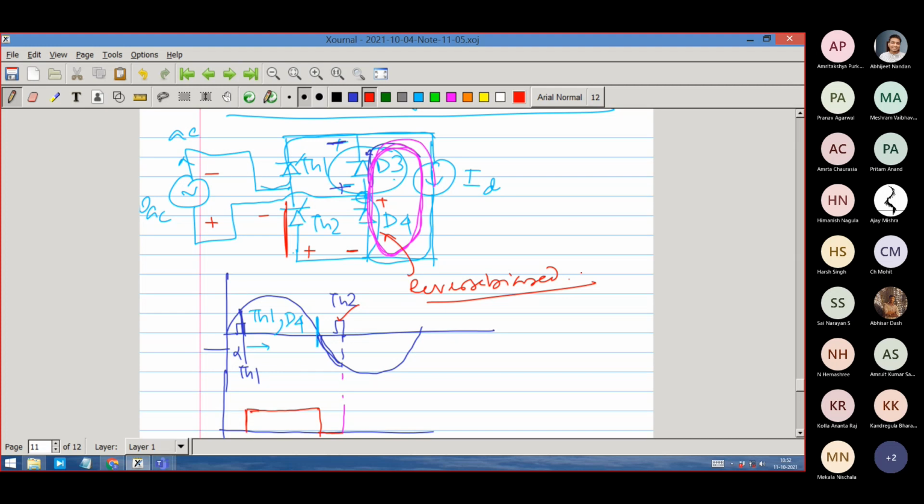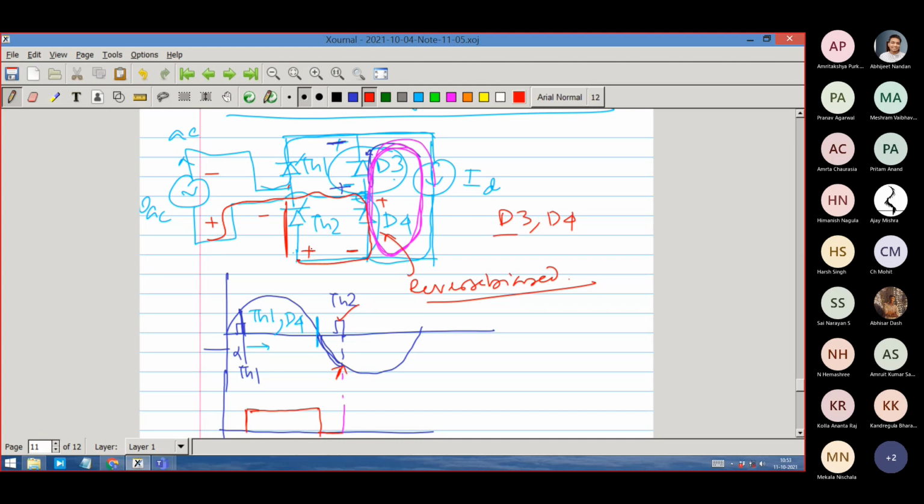First, the initial state is D3, D4 conducting, and this is negative. Then at this instant, we turn on TH2. I have given a firing pulse, but I have to check whether TH2 can afford to conduct. When D3 and D4 are on, this thyristor's anode terminal is positive, because D4 is conducting.